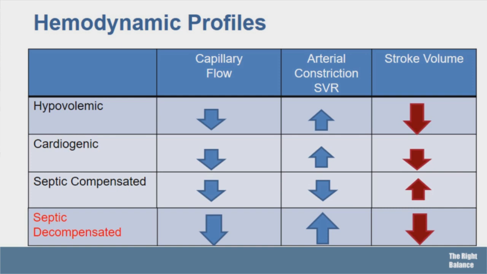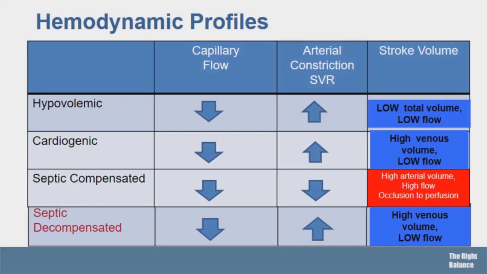Volume or myocardial dysfunction. But in compensated sepsis, the stroke volume goes up, which is why typically in early compensated sepsis, we use aggressive volume resuscitation, but in decompensated sepsis, we actually are going to reduce our stroke volume.